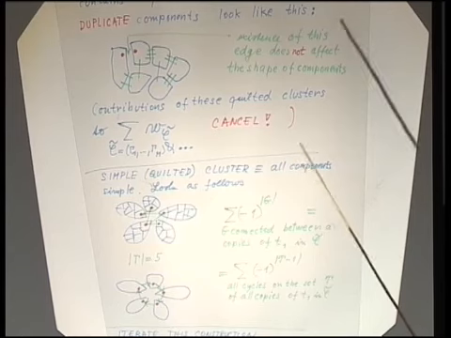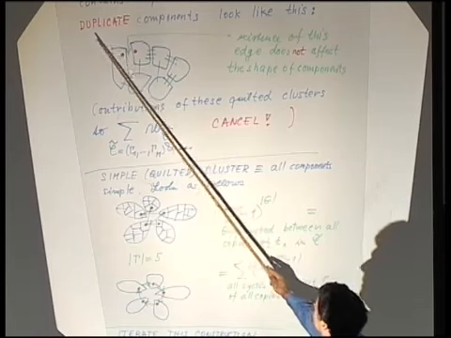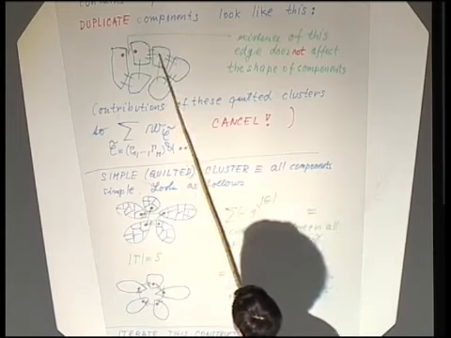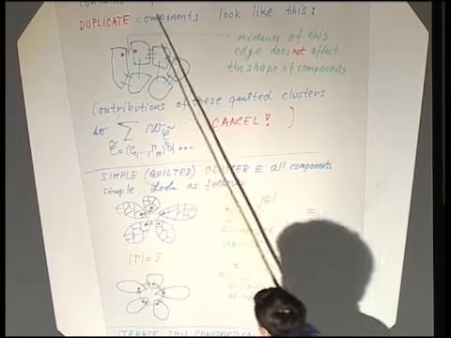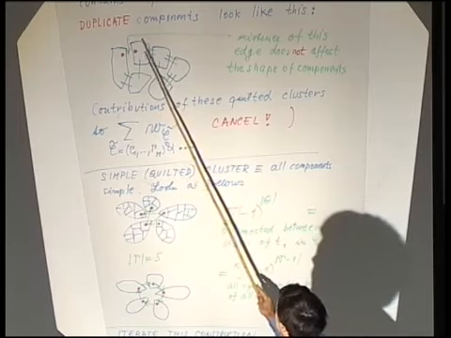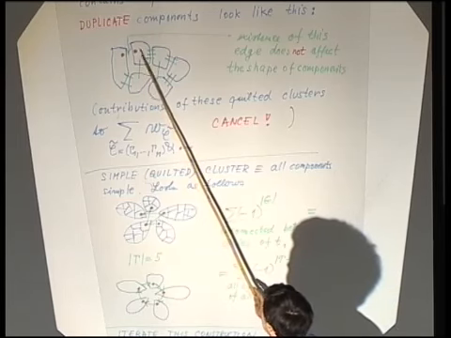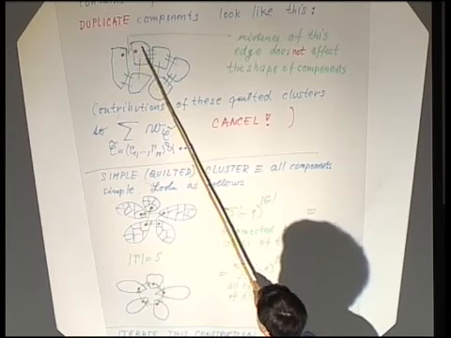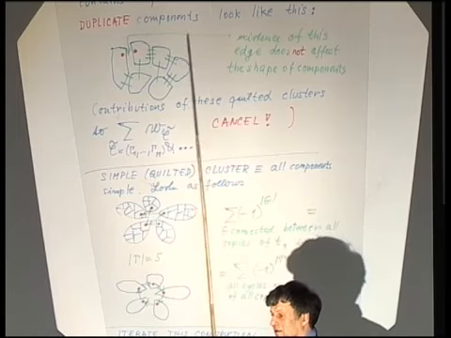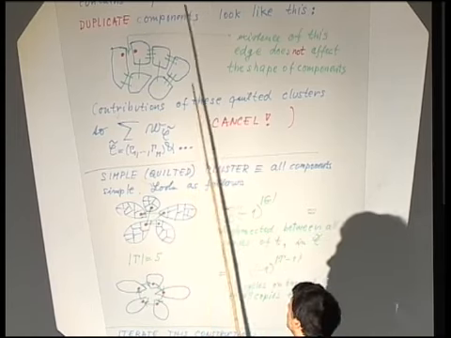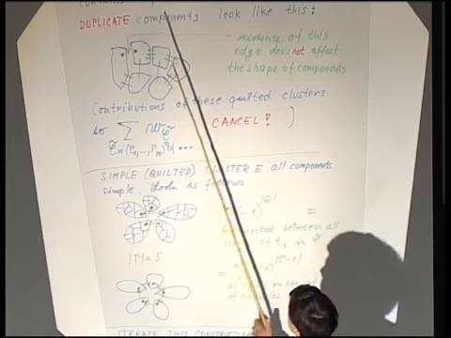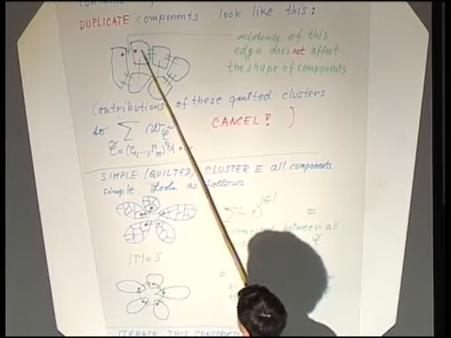The components can have simple or duplicate structure. Simple objects: a component is simple if it is a complicated cluster of polymers containing the chief point T1 only once in some polymer, only once. This is a duplicate because here I have two polymers in this cluster both containing the point T1.